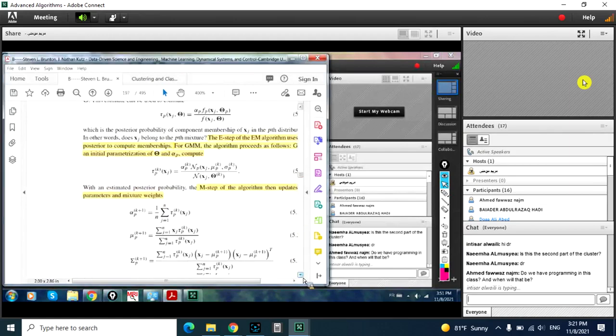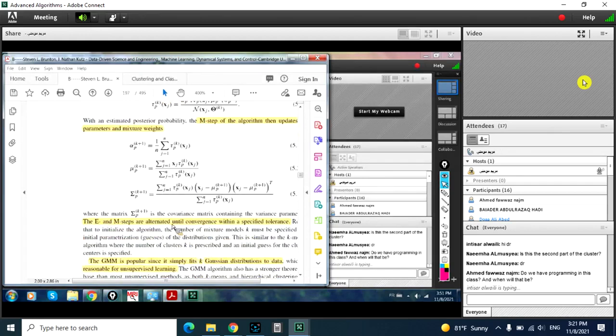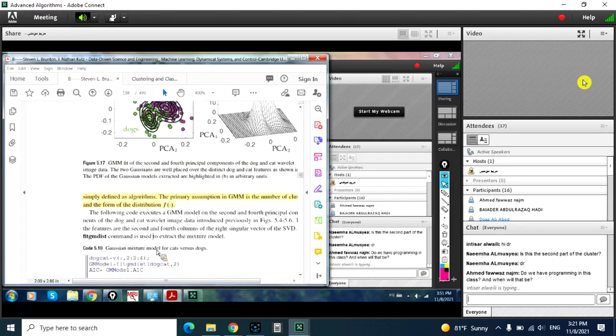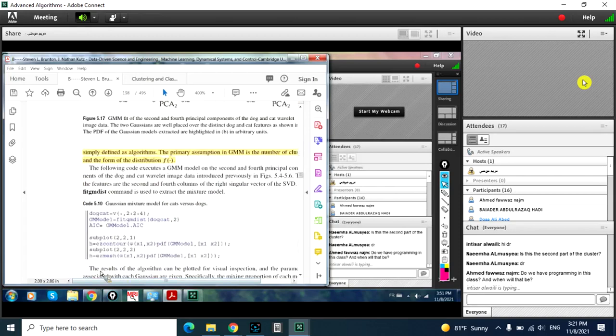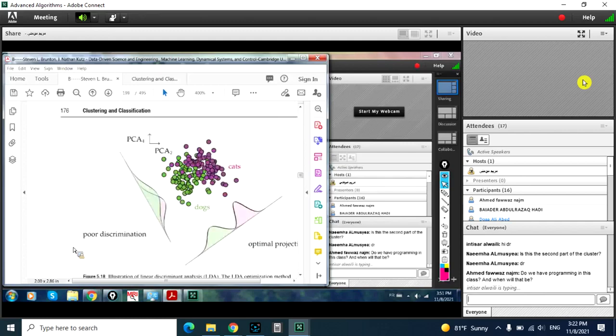But the most important thing of learning this equation is that you know how to program this and how you classify the data using the Gaussian mixture model in MATLAB. Okay, in this book we have the MATLAB code. You can copy and paste these codes and then see the results. Step by step they explain the classification. Okay.